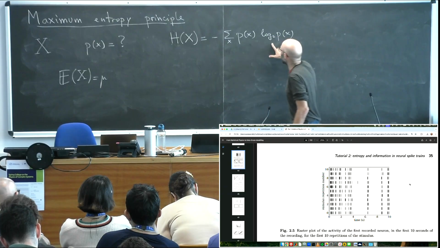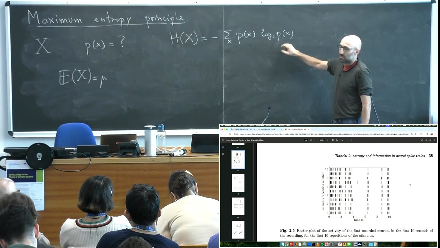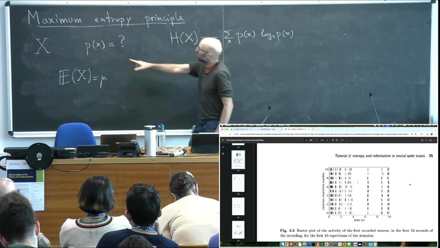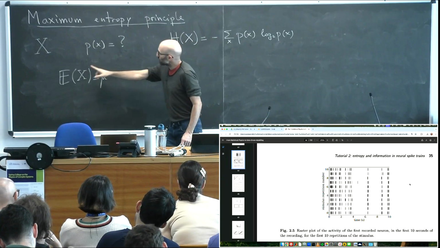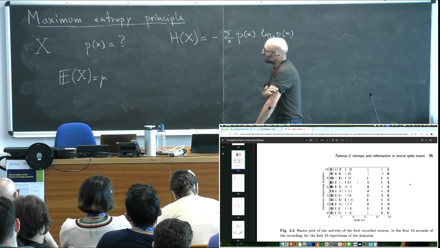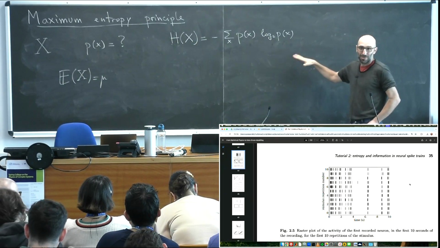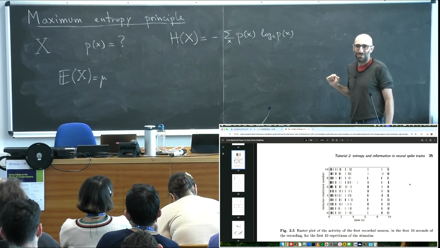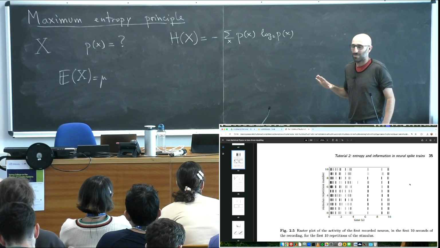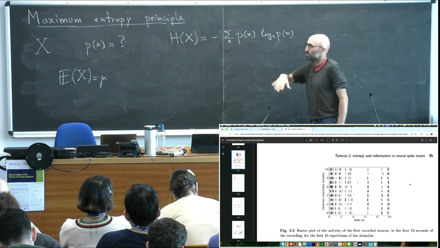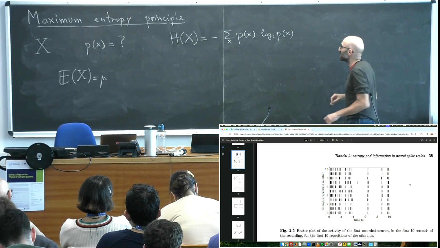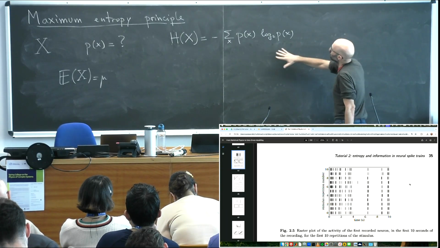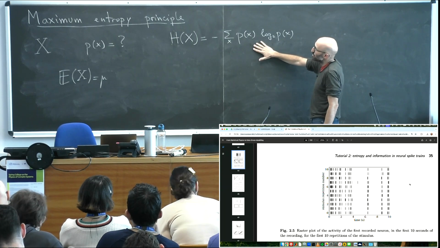So how do I do this? I want to maximize this quantity over p, so the unknown here is p, and I want to impose these kinds of constraints. In order to impose the constraints, I use the method of Lagrange multipliers. Do you know the method of Lagrange multipliers? You do? Okay. I assume you do, and if you don't, let me know, we can discuss. The recipe is that you want to maximize a function subject to constraints.